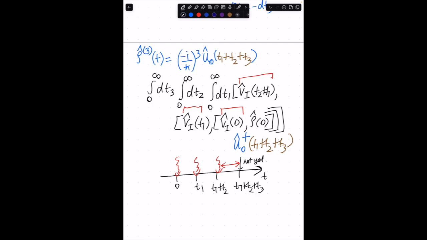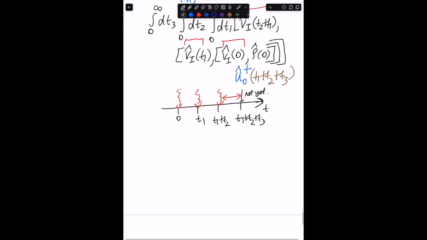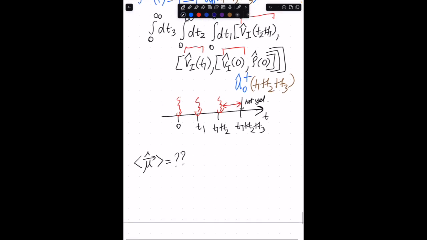For that, we need to calculate the quantity which we have done all of this formalism for, which is the expectation of the dipole operator. So for that, let us define the form of the perturbation.